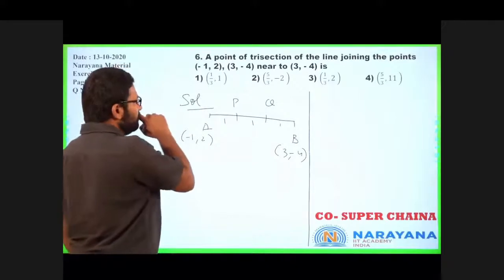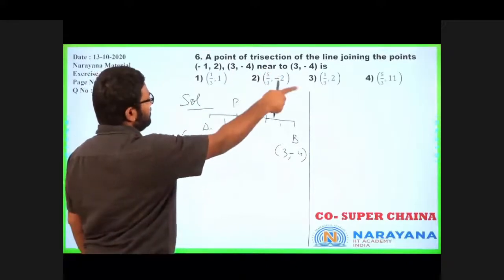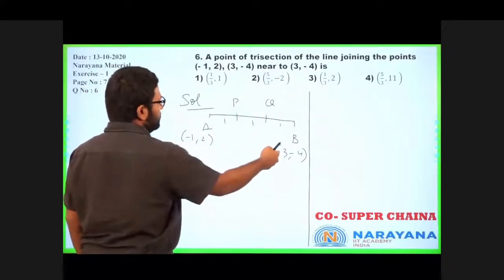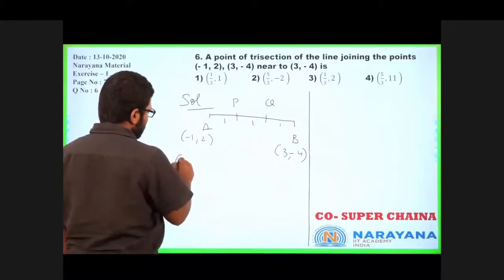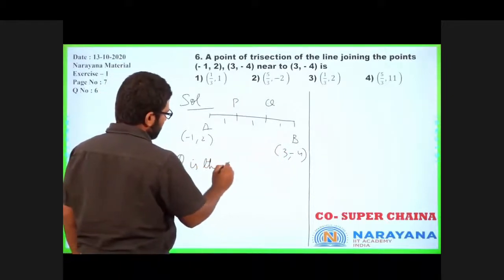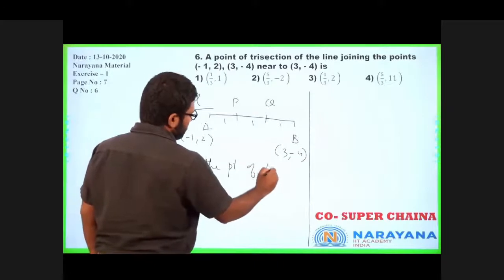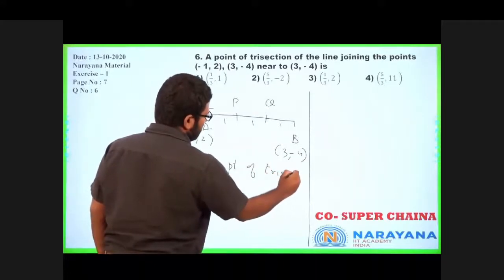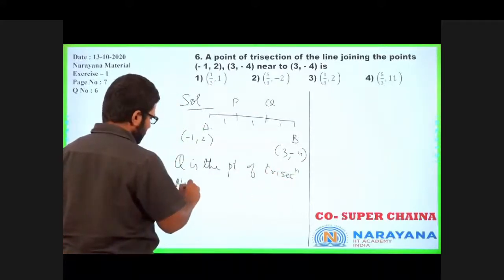Alright, so then we want the point of trisection near 3, minus 4, right? So Q is the point of trisection near B.